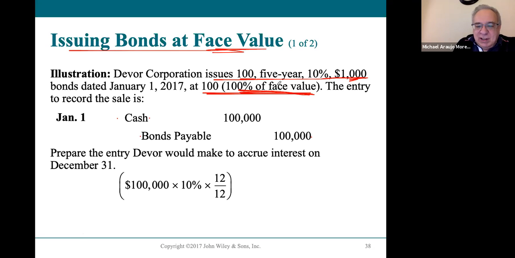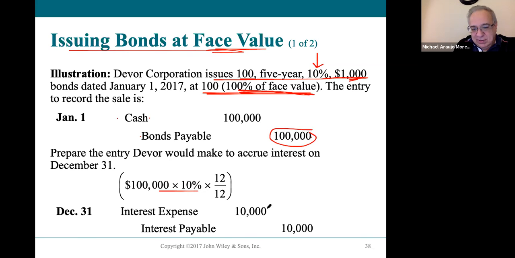So every year, again, you promise to pay 10% on these bonds. That's a lot. And you have $100,000 of bonds. So every year, you are going to have an interest expense of $10,000 on these bonds. Assuming you're not paying these bonds until every January, at the end of the fiscal year, you're going to have to make that entry showing the interest that accrued, and the payable showing you're going to pay it the next period.